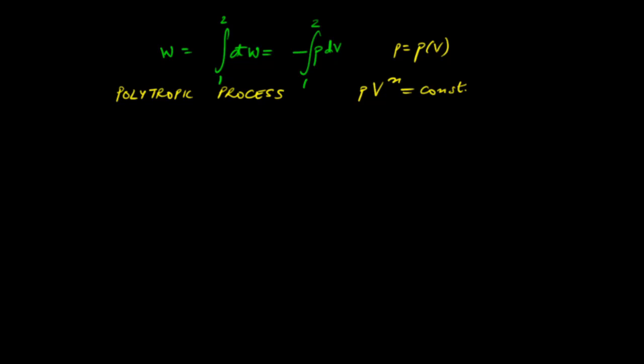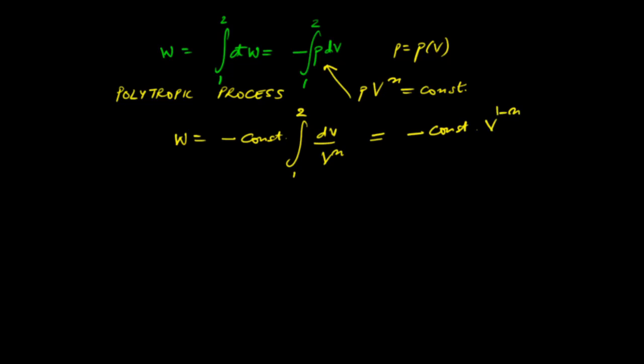Now that we know pressure as a function of volume, we can calculate work. So to this end, we'll substitute the expression of pressure from here into this equation. And this is equal to this constant times the integral of V raised to power minus n.